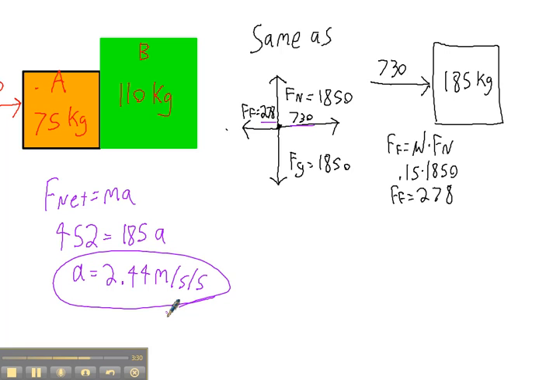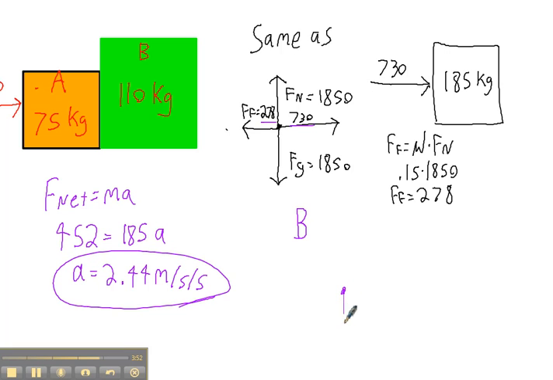Second part's a little weirder. It wants to know how hard A pushes on B, and that's going to be the same as how hard B pushes on A. I'm going to pick block B to see how hard A pushes on B, because if I redraw a force diagram just for block B, check out what the forces are.